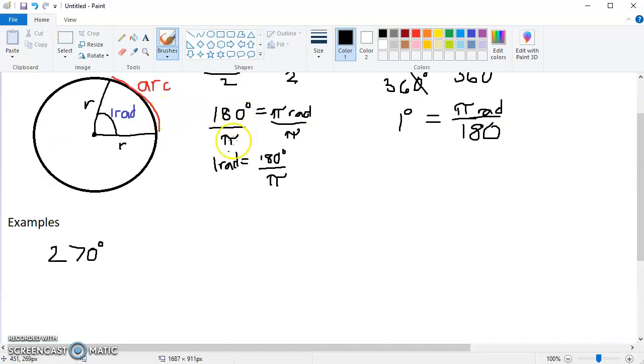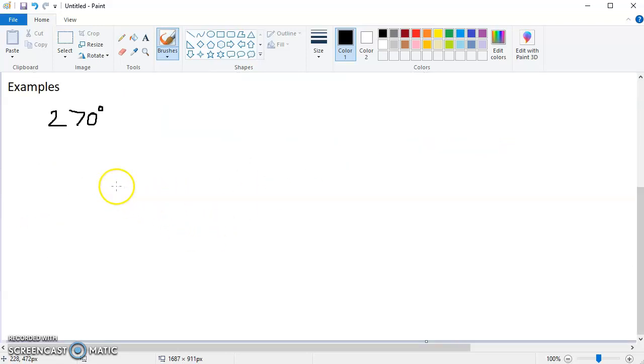We would take this and basically use this formula. So this would be 270 degrees times, I will just put a 1 under this so it looks easier to see, but it's basically the same thing. Multiplied by pi and divided by 180.